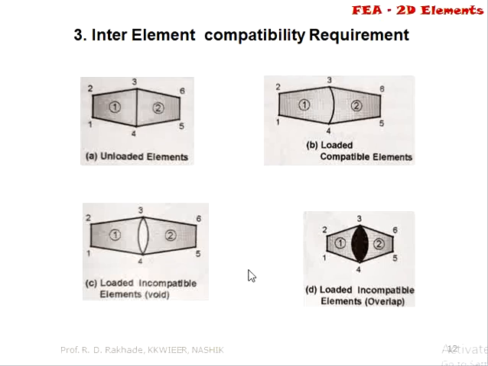So that condition is nothing but incompatibility or overlap condition. So we require this figure number 2, that is the common edge should be shifted towards any one direction for both the elements.